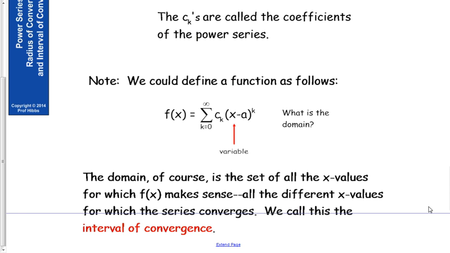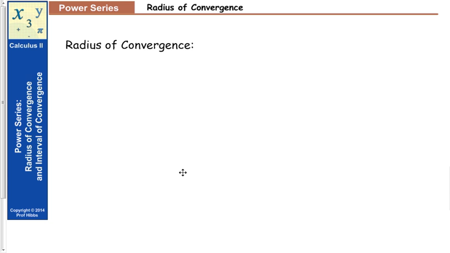Well, let's move on to see what else we can learn about these, and we define something that's called the radius of convergence, which helps us decide what this interval of convergence will be. The radius of convergence determines the interval of convergence, or the values of x for which the power series converges.